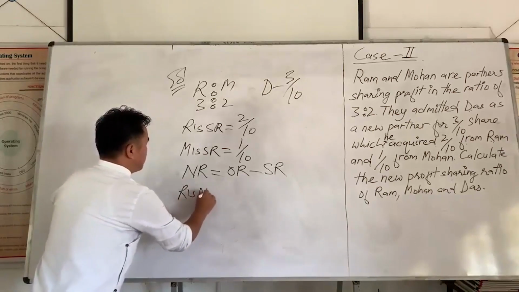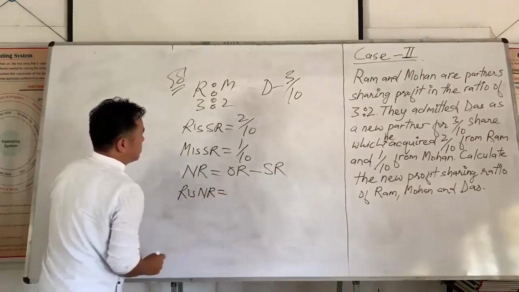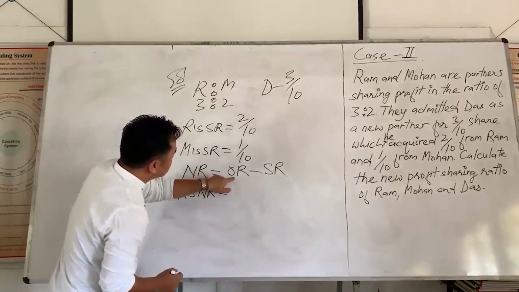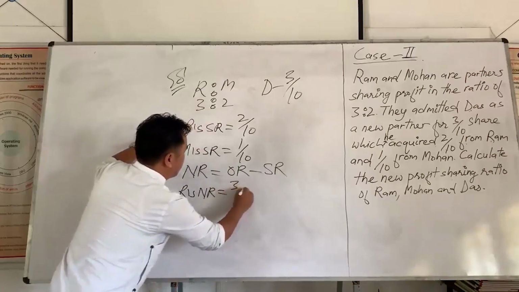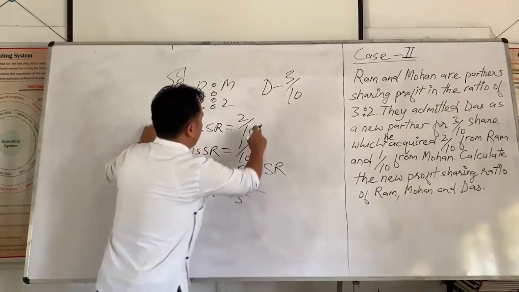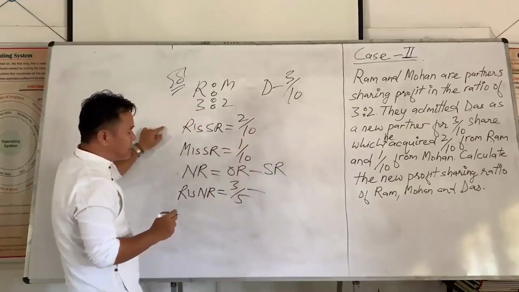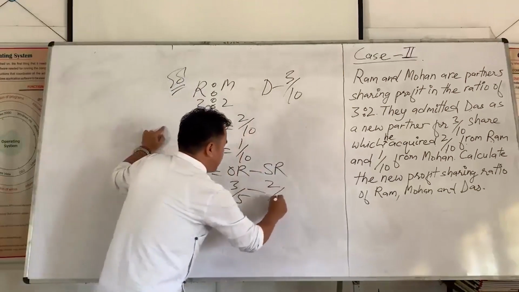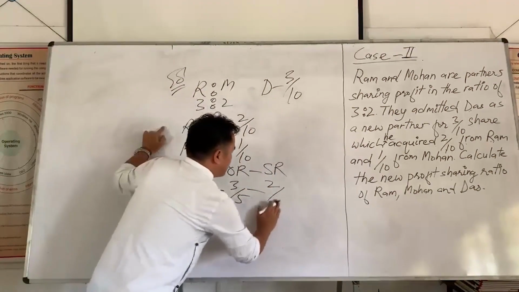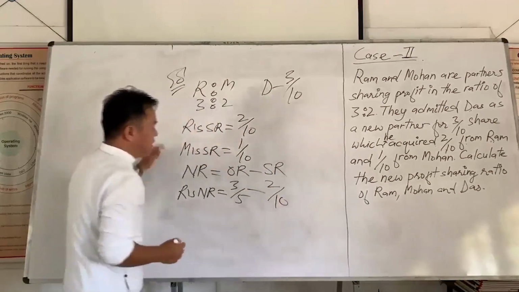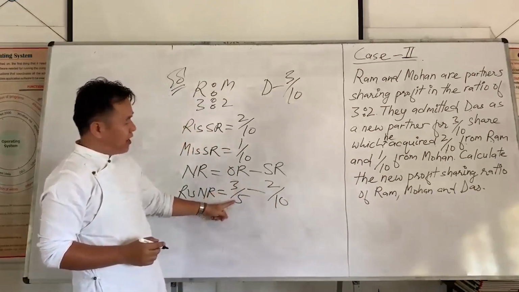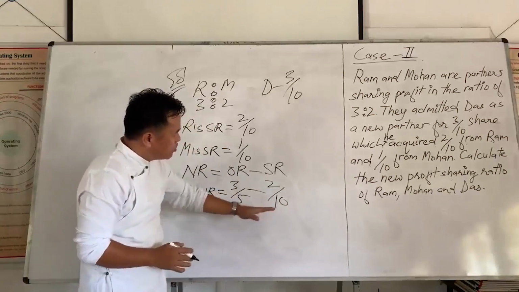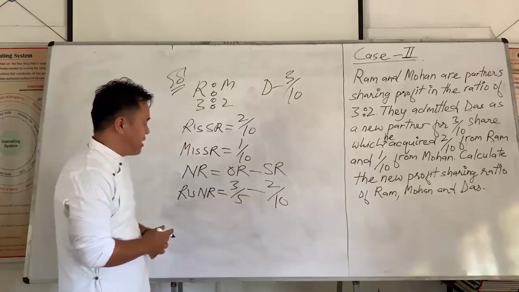Ram's new ratio is equal to, now what is Ram's old ratio? Ram's old ratio is 3 by 5. And what is Ram's sacrificing ratio? Ram's sacrificing ratio is 2 by 10. If we deduct 2 by 10 from 3 by 5, we have to make denominator same by using LCM.